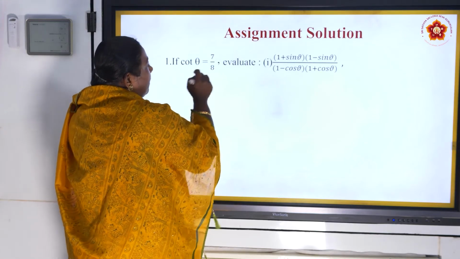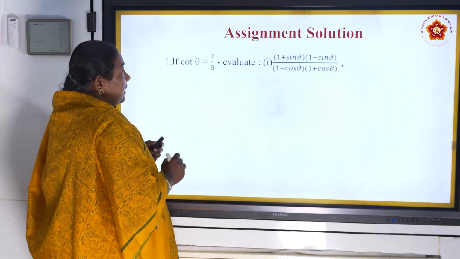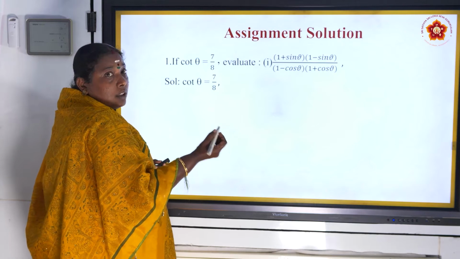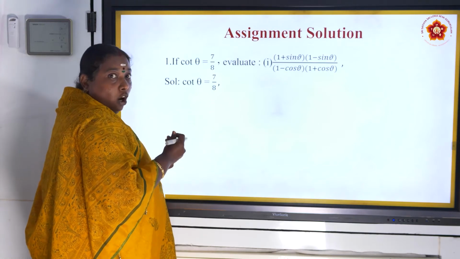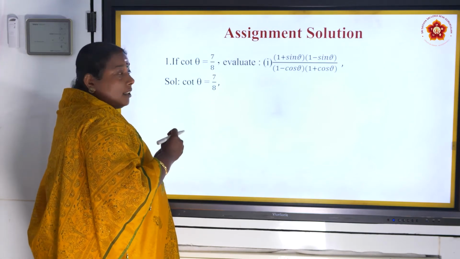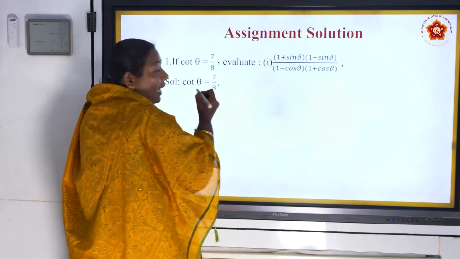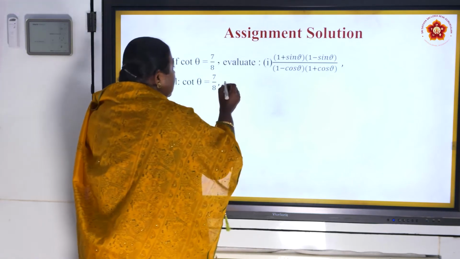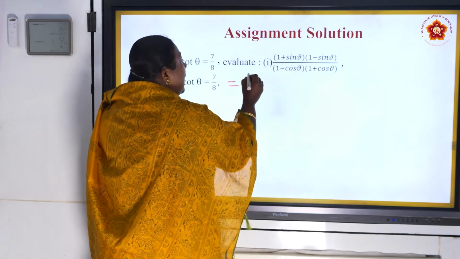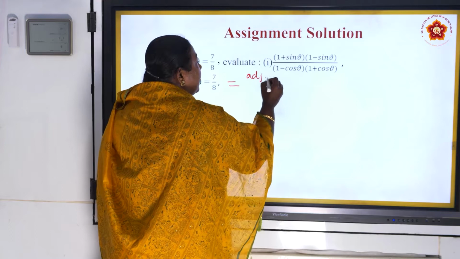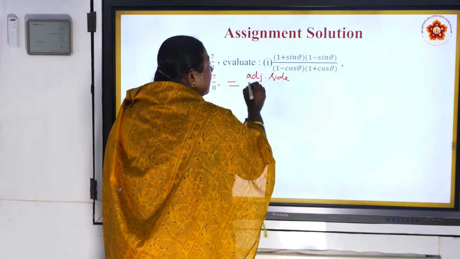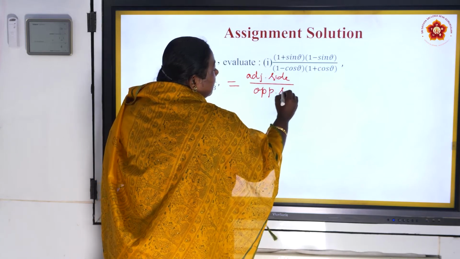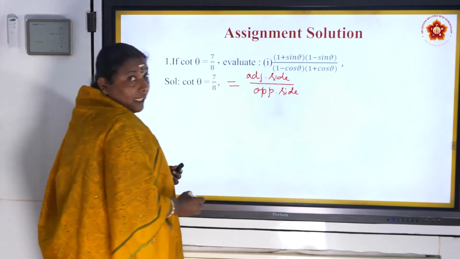Cot theta is equal to 7 by 8. Okay, that means cot theta represents who? Cot is reciprocal of tan, right? As per our previous session formula, cot theta is equal to adjacent side by opposite side, right?